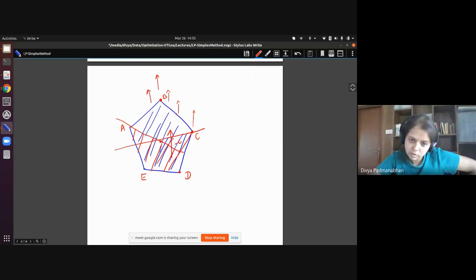Okay, so can this happen in a linear program? Ideally this wouldn't occur in a linear program, so let's see why that doesn't happen. You have this region and this one.